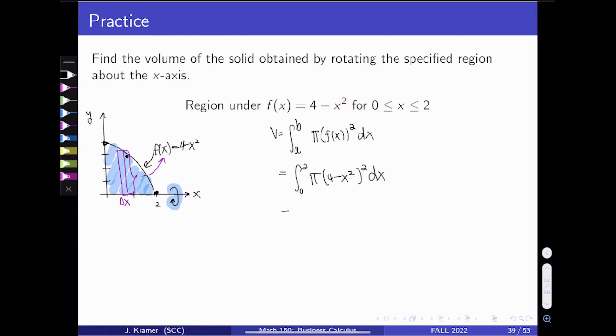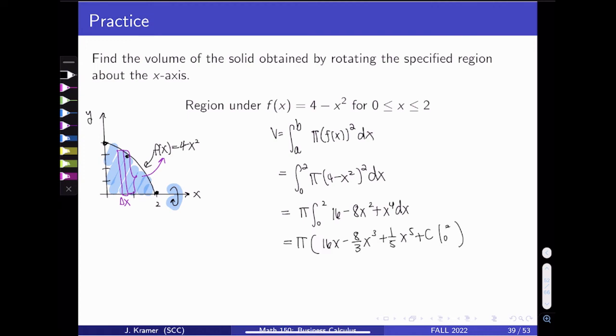dx. I'll then want to pull out my constant pi using the rules of antidifferentiation, and I will multiply out 4 minus x squared so I can use the power rule on each of those terms. So I'm looking at the integral from 0 to 2 of 16 minus 8x squared plus x to the 4th dx.